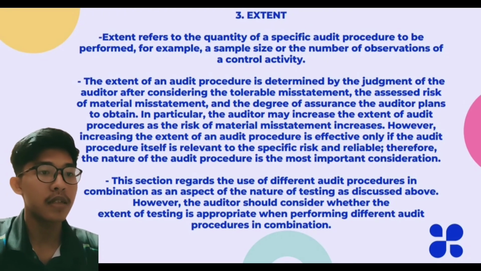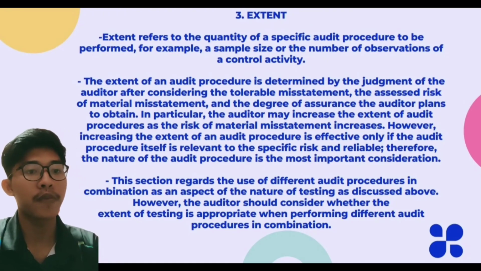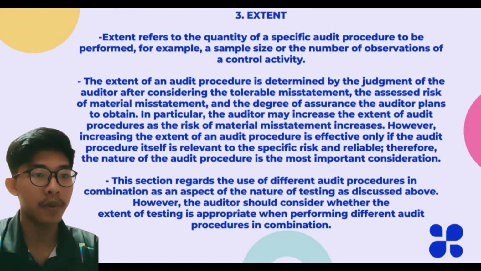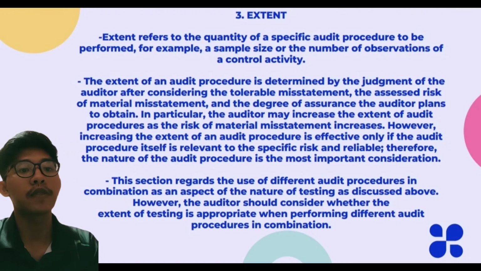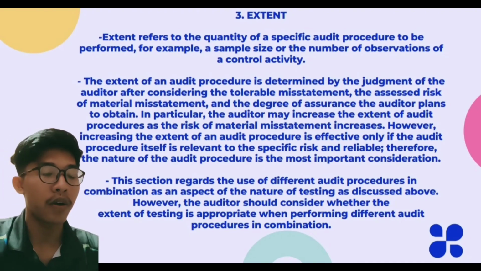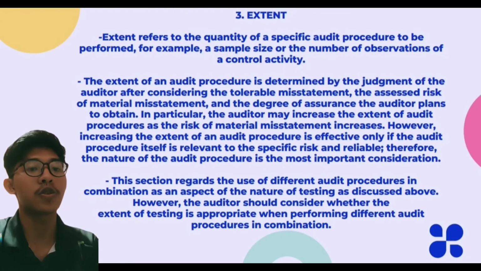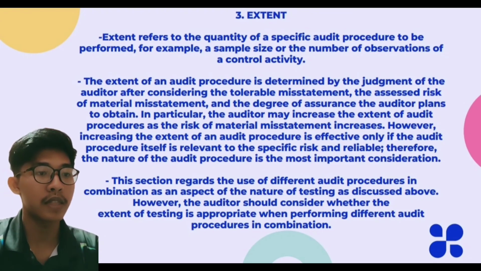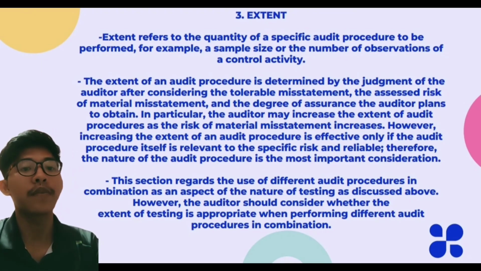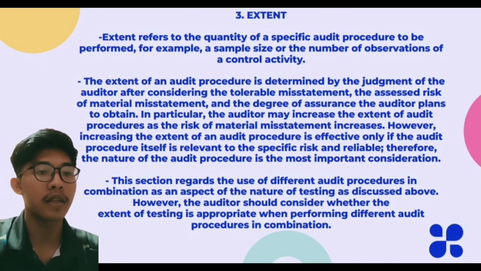This section regards the use of different audit procedures in combination as an aspect of the nature of testing as discussed above. However, the auditor should consider whether the extent of testing is appropriate when performing different audit procedures in combination.